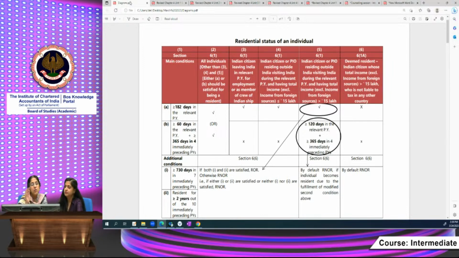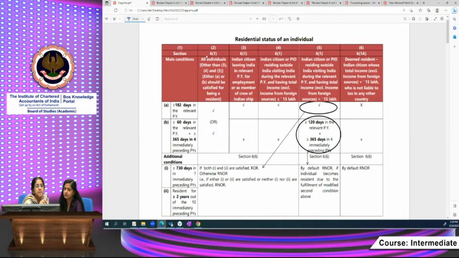Okay. Now, the relevant section here is 6(1). Section 6(1) is the relevant section for residential status of an individual. It is based on the number of days of stay of an individual in India. So there are 2 conditions. One is if the individual is present in India for 182 days or more in the relevant previous year, then he becomes a resident.